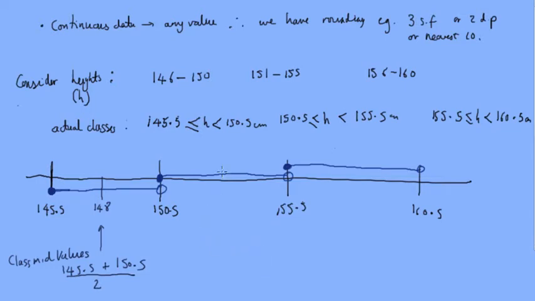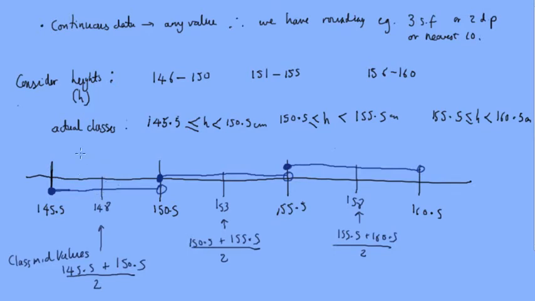For here, the mid value is going to be 153. So again, we take 150.5, add 155.5, divide it by 2, and we get 153. And the final mid-class value is 158, because 155.5 plus 160.5 divided by 2 gives us this.